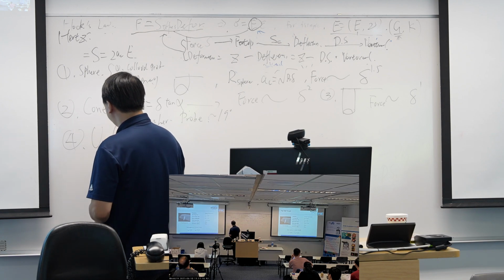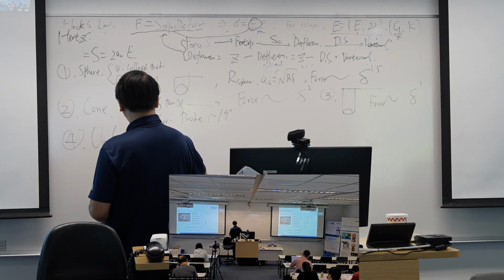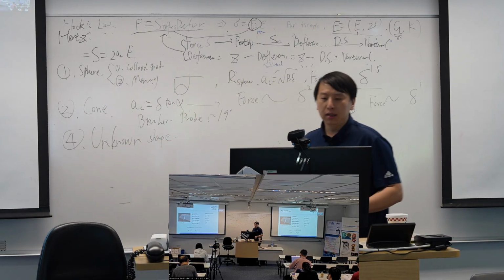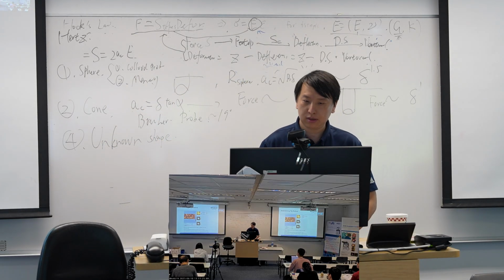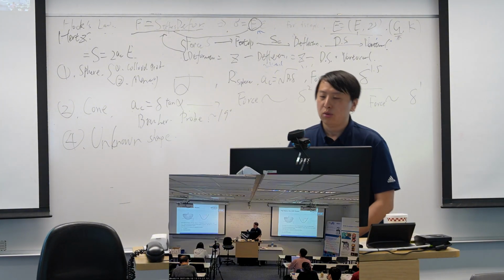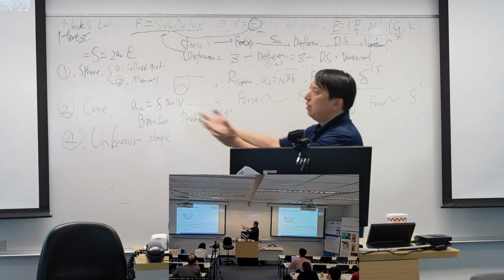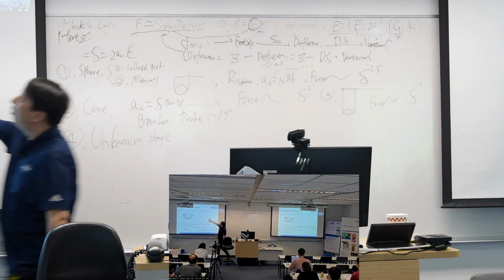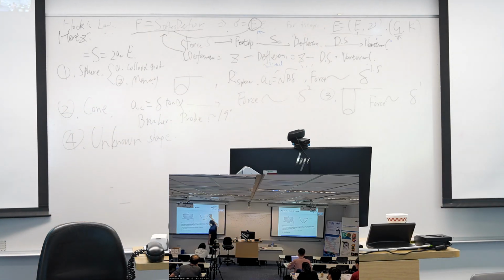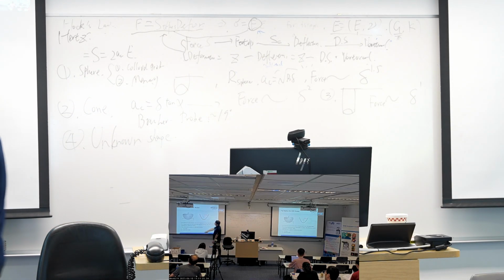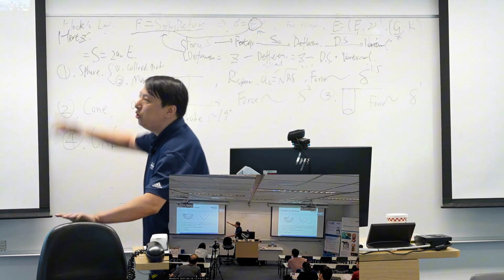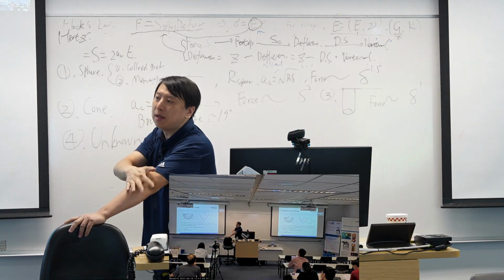an unknown shape. So usually the unknown shape means something like this. Our probe is kind of a pyramid, and we use the probe to compress my sample.